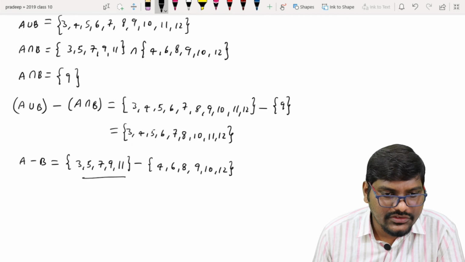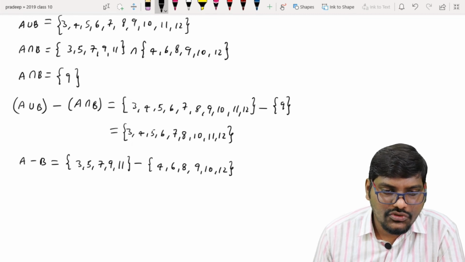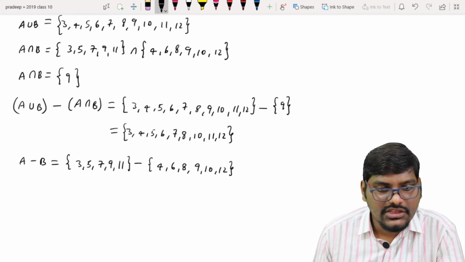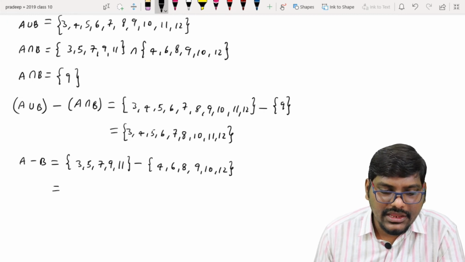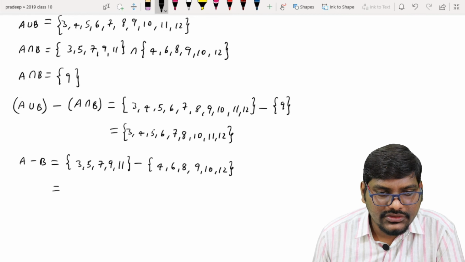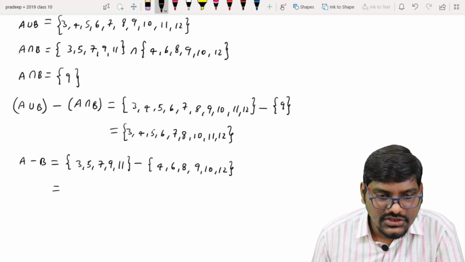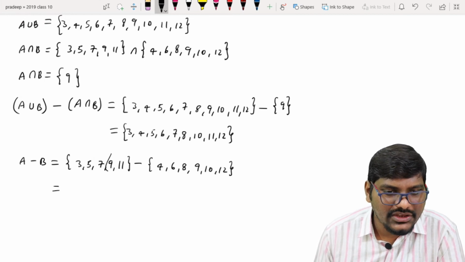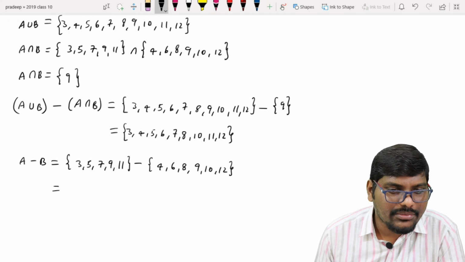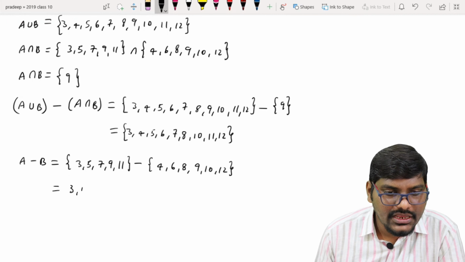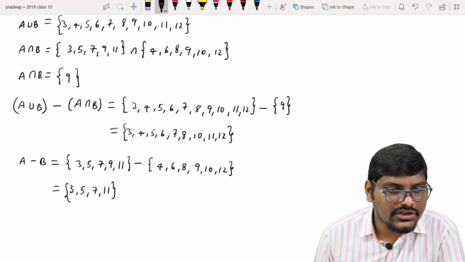When we subtract, whatever is common we will subtract and write the remaining terms. See here, what is common? 9 is there. Is there anything else? Only 9 is common here. So we will only subtract 9 from A and write the remaining terms. So what remains now? 3, 5, 7 and 11. We are omitting 9, that is A minus B.